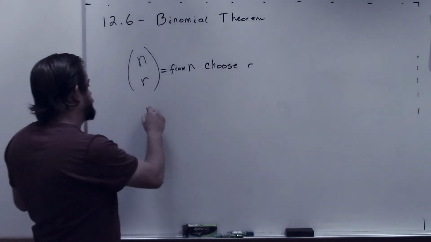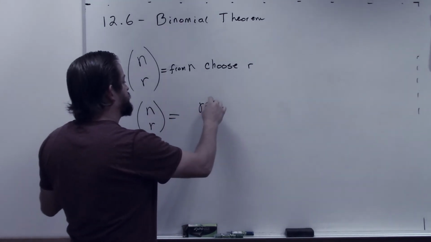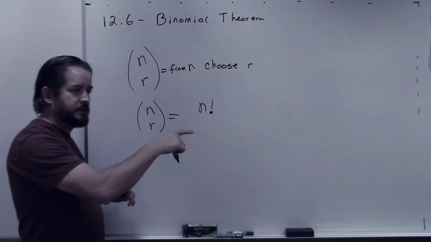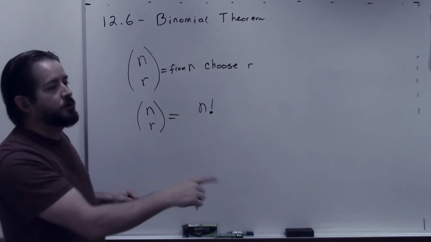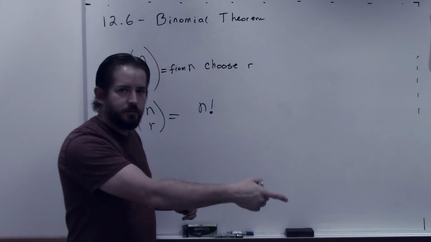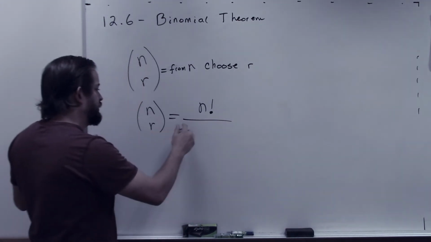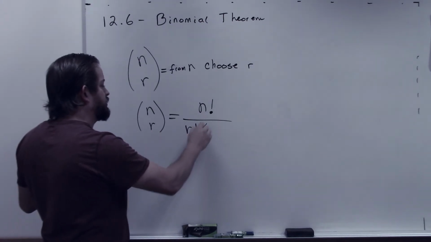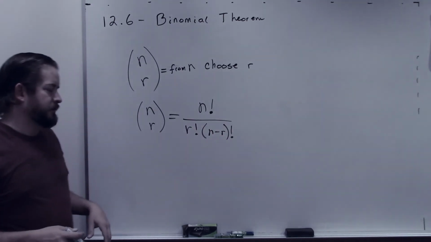But n choose r is calculated as n factorial. And factorial just means that number multiplied by the previous integer multiplied by the previous integer multiplied by the previous, and so on and so on, right? So I have n factorial over r factorial and then multiplied by n minus r factorial in the denominator.